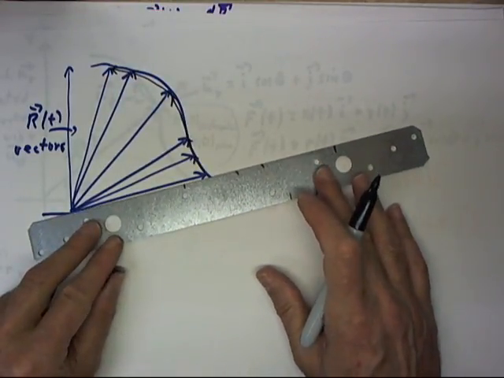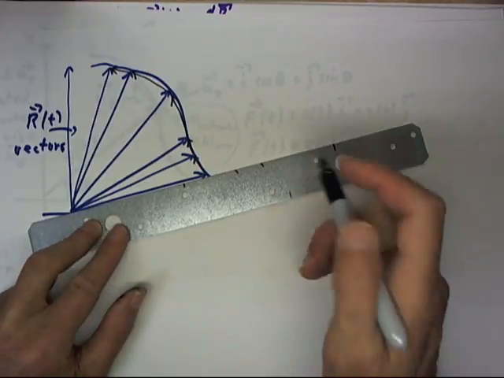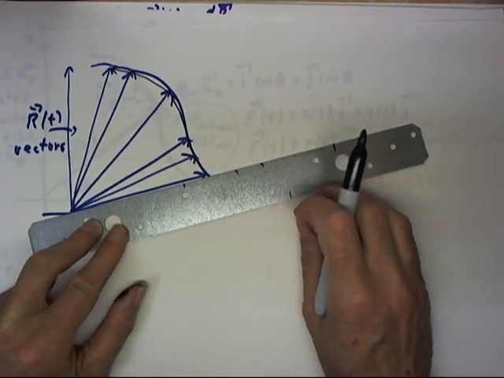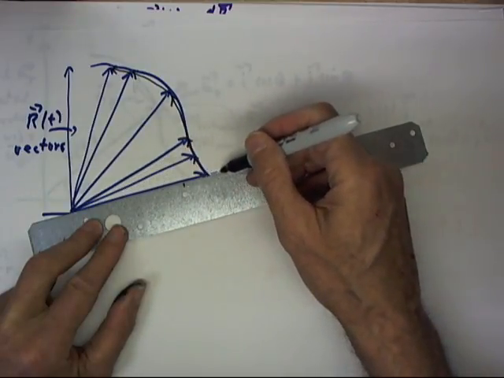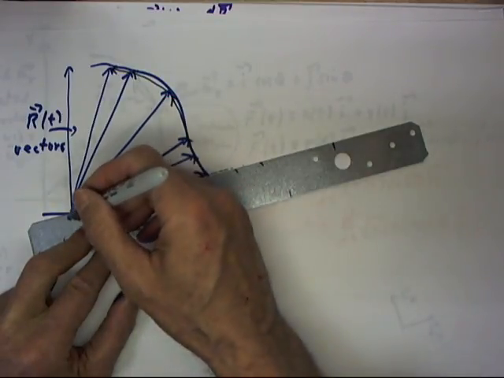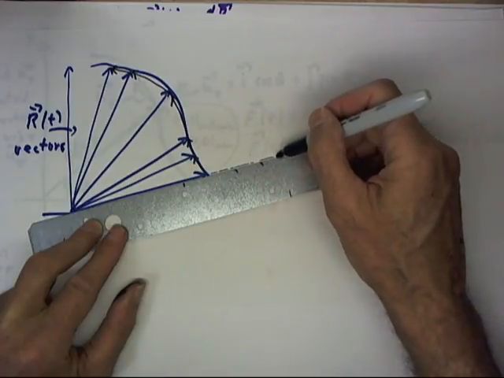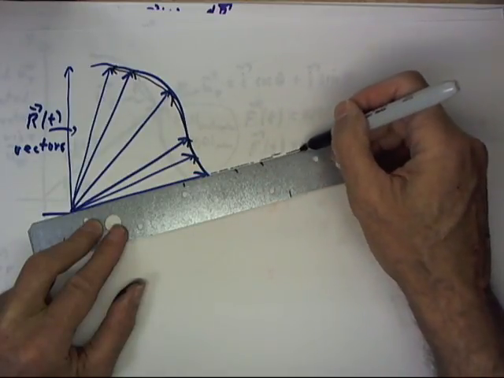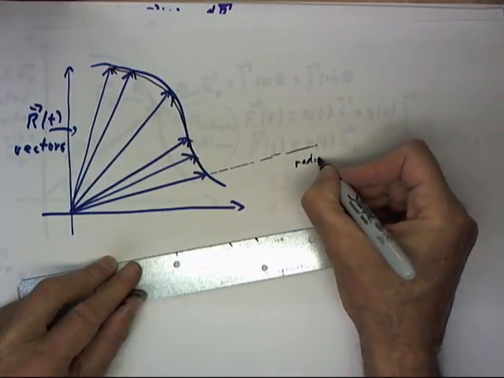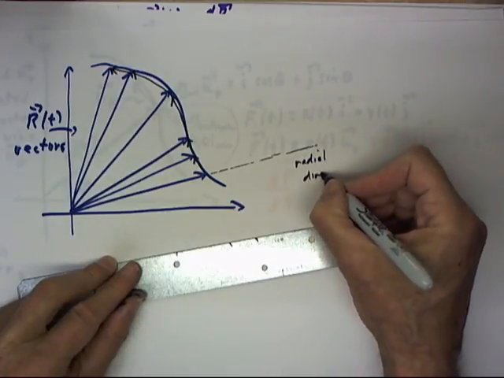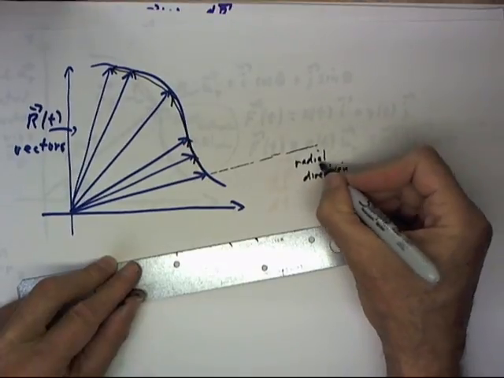Now, if I sketch a line segment parallel to this vector, that is, from this point, a line segment from the origin on out, then this would be my radial direction when I'm at this point.